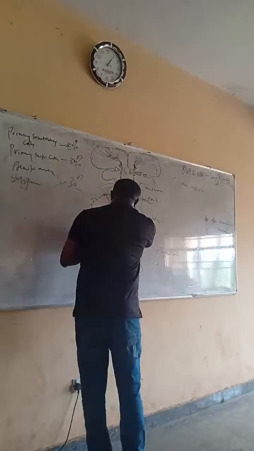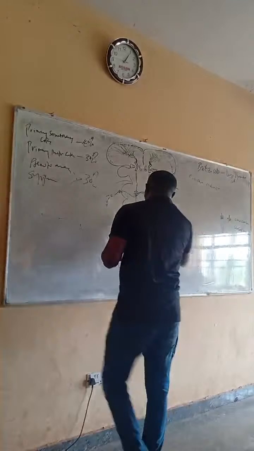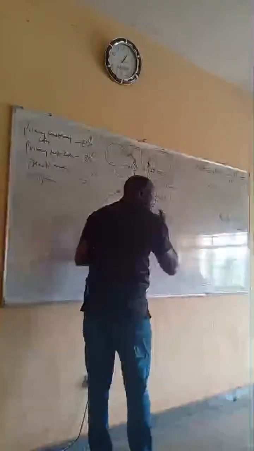So let's draw the cerebellum here. Then, as the fibers come down, especially at the base of the medulla, 80% of the fibers will cross.